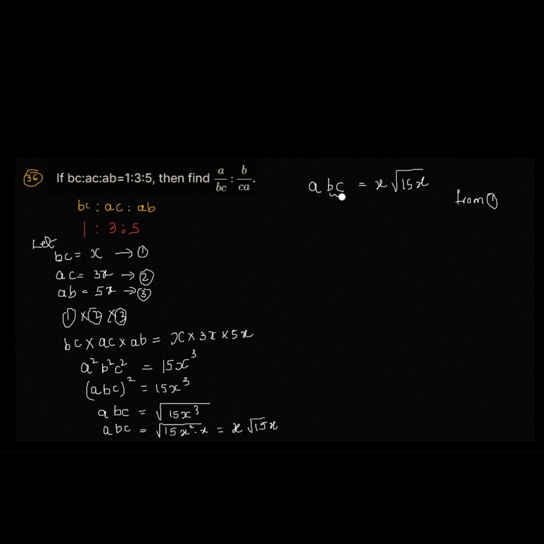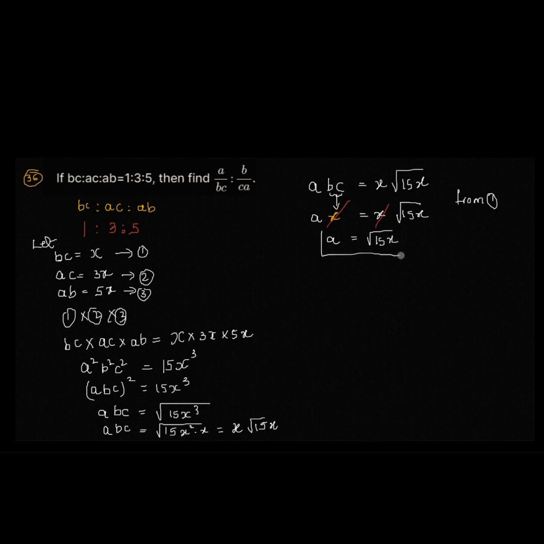I'm going to substitute this as x, and we have A as usual, and we have x here so that I can simplify further and cancel. We can cancel each other because they are the same factors on both sides. As a result we have A as root 15x.